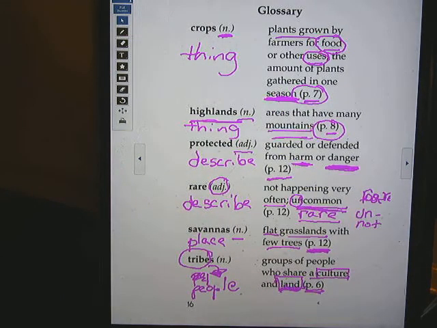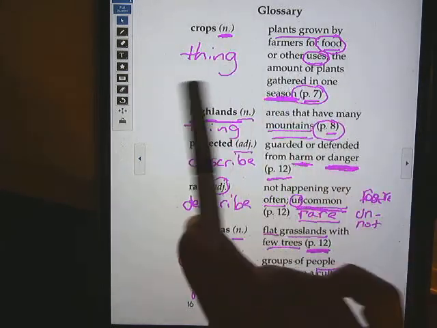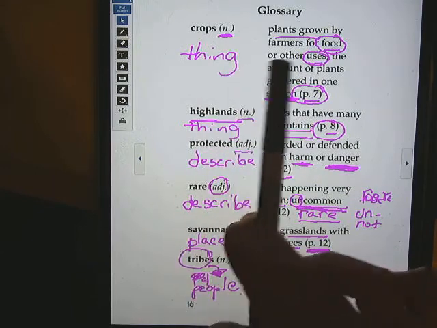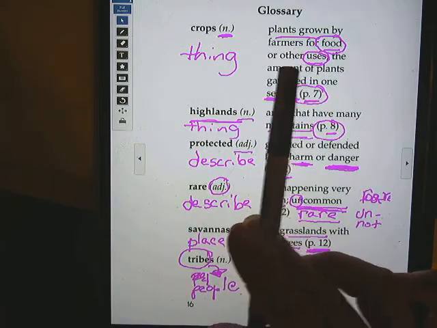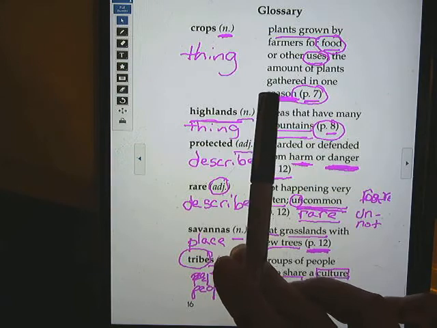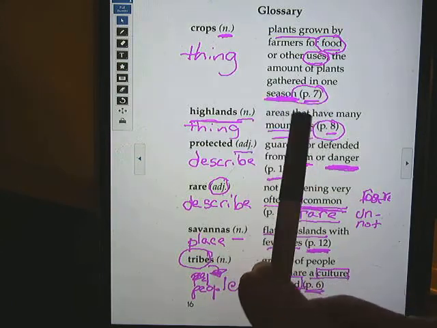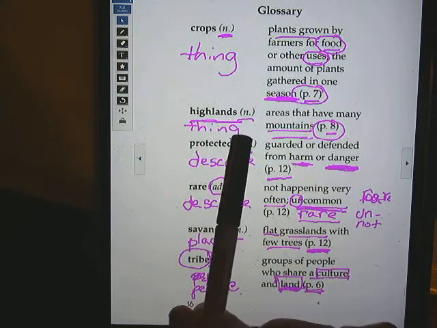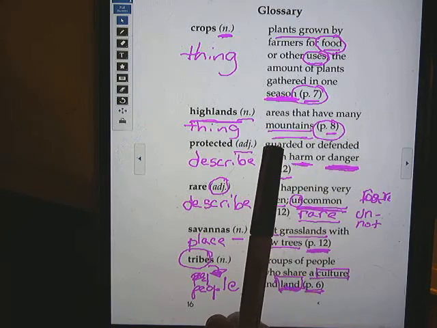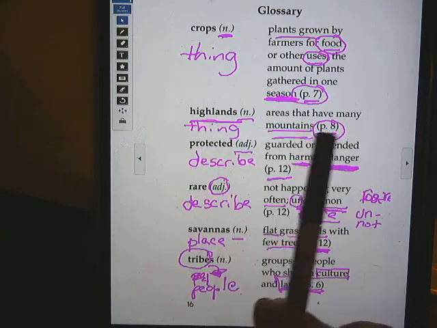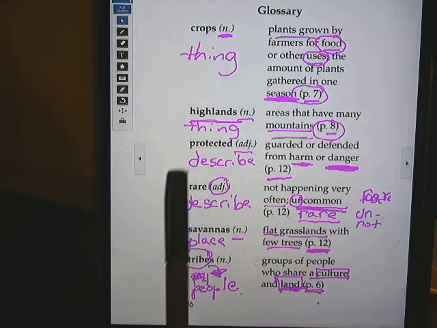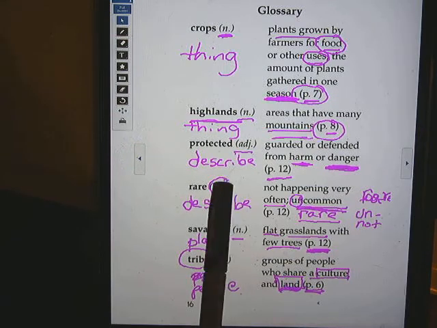And we're right back here to the glossary. Let's go over the glossary again. Crops, which is a noun: plants grown by farmers for food or other uses. The amount of plants gathered in one season. Highlands, areas that have many mountains. That is a noun. Protected is an adjective.